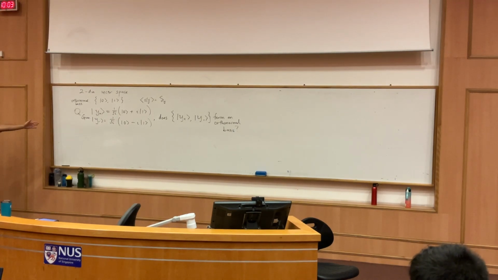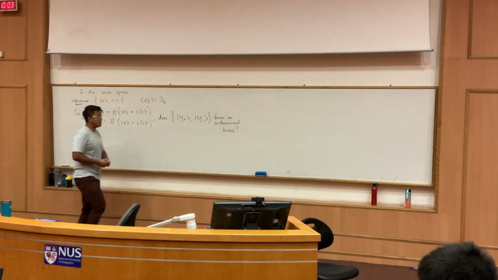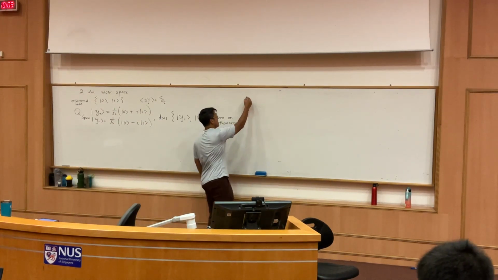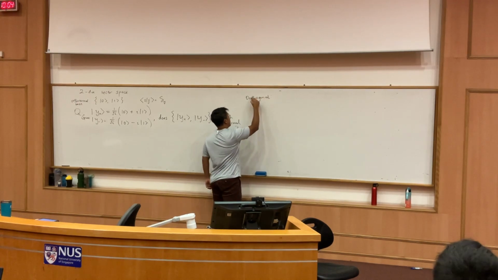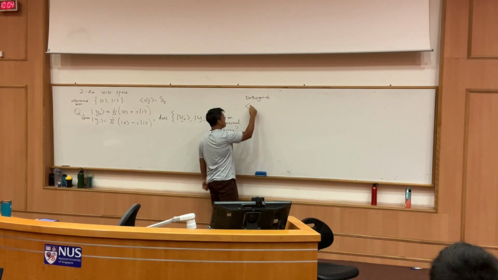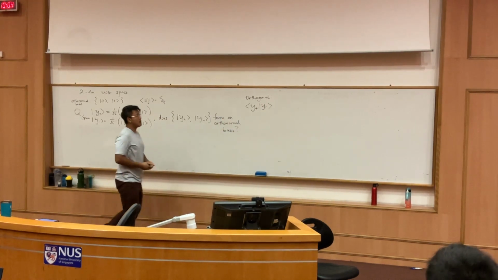So what do we have to show? We have to show two things, right? We have to show that the two states are orthogonal, they are normalized, and they form a basis. Okay? So very good. Let's check orthogonality first. So we need to do something like this: the overlap of |y+> and |y->.